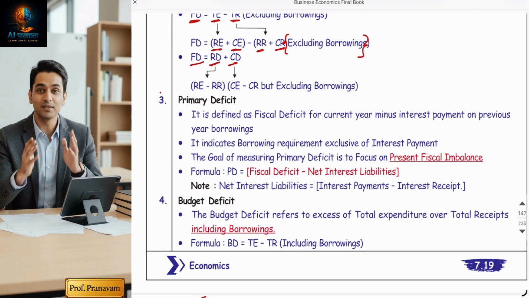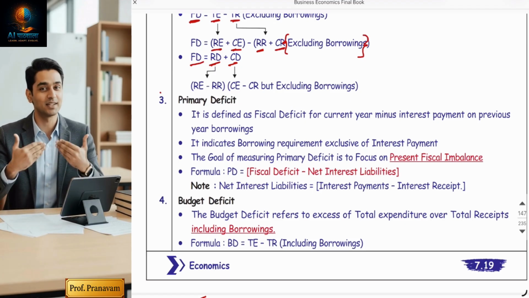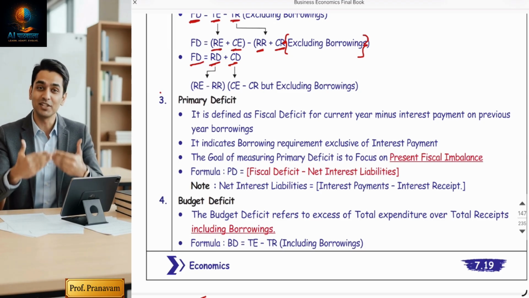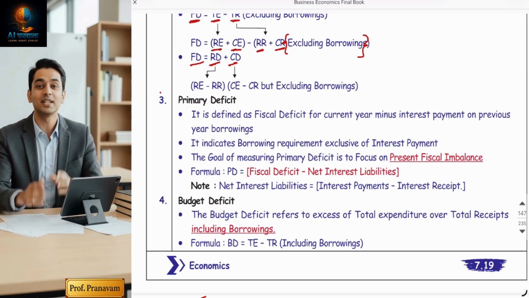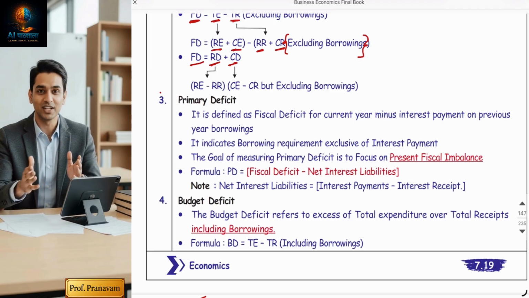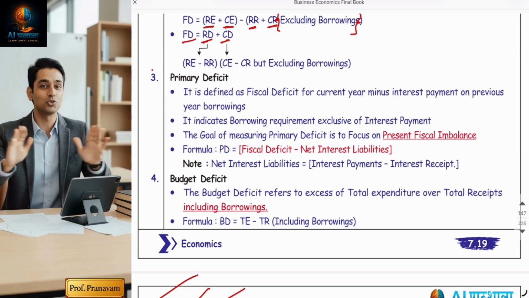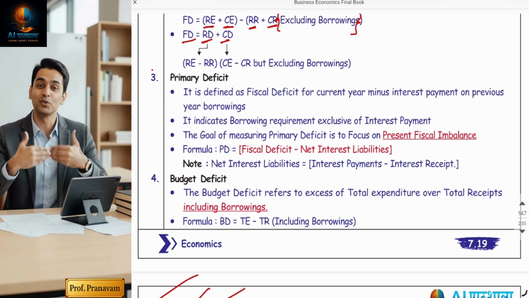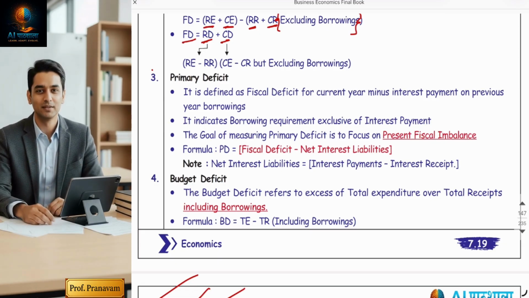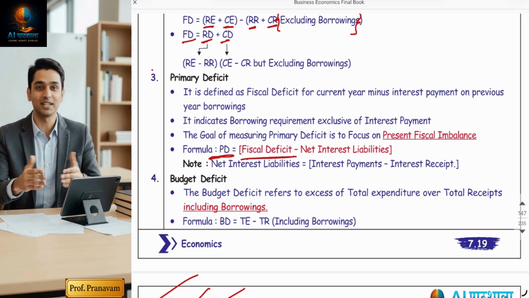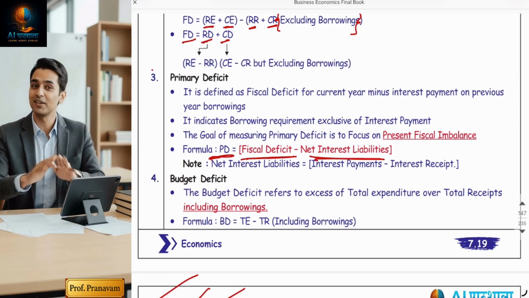Next is primary deficit. Hope you understood deficit budget. Primary deficit has been derived from fiscal deficit only. The difference between primary deficit and fiscal deficit is just the interest on loans payable. So primary deficit is fiscal deficit minus net interest liability.